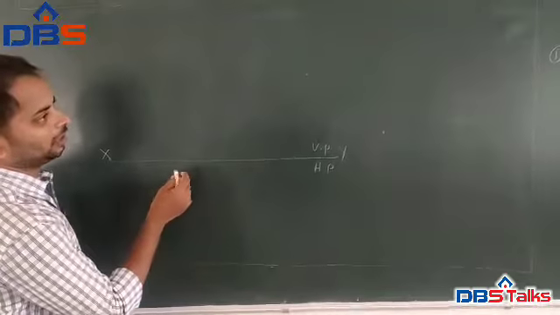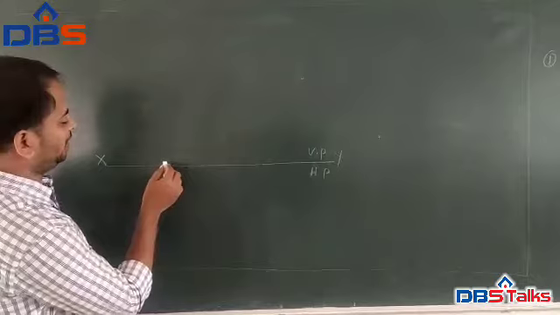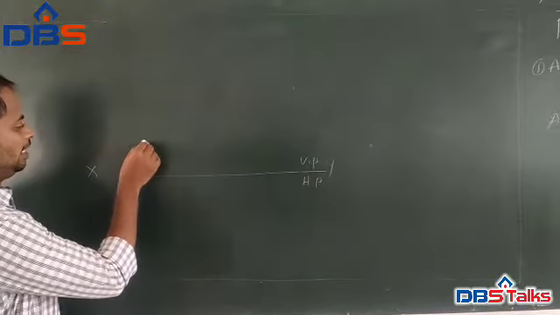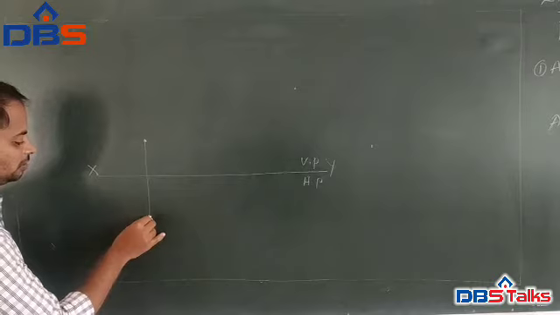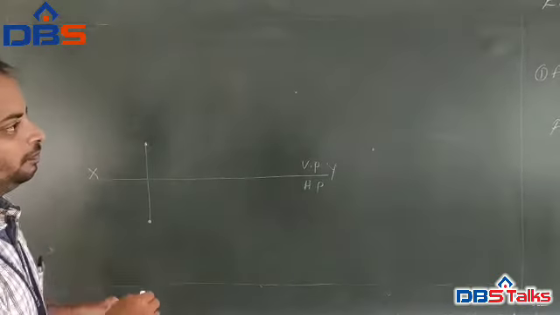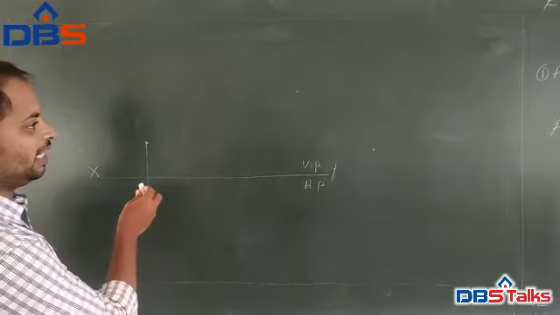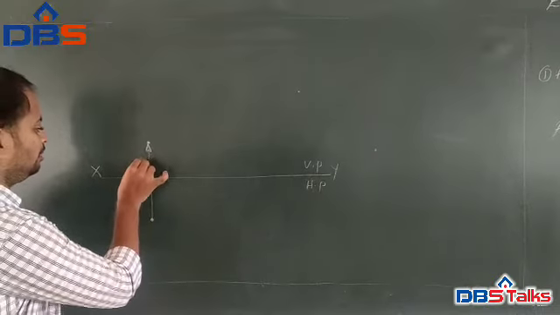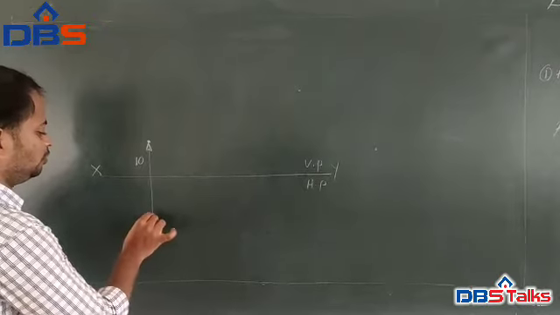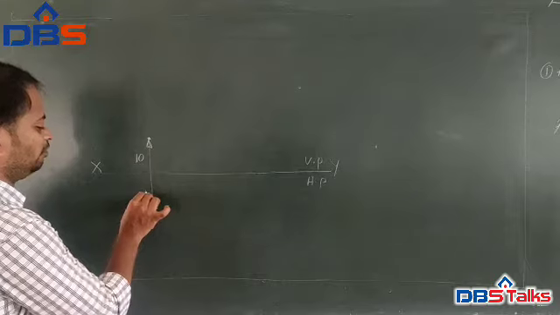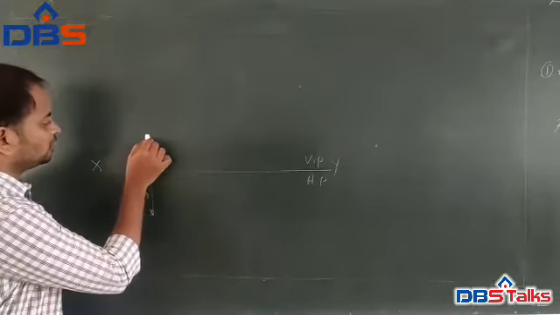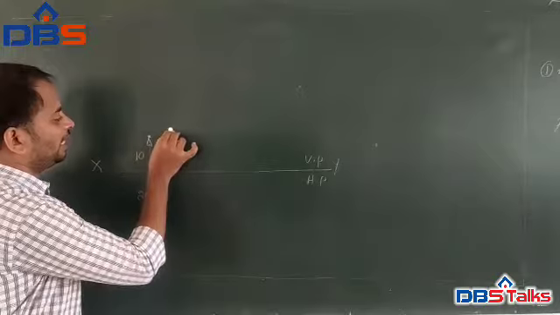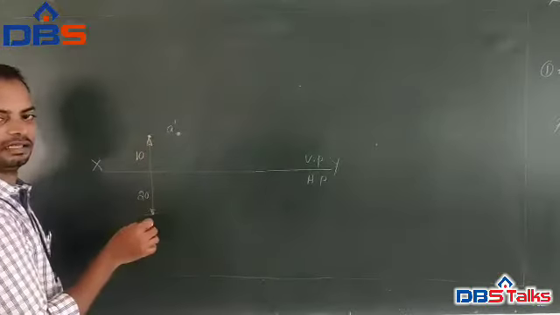Then based on the question, the end point A is 10 mm above the HP and 20 mm in front of VP. Here in the question itself, it has given the point as A dash, which is the front view.